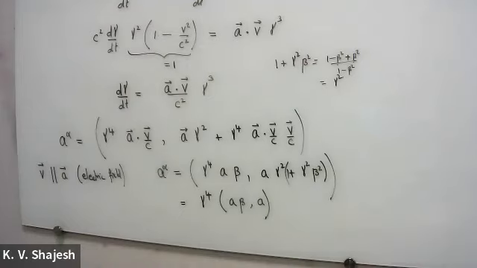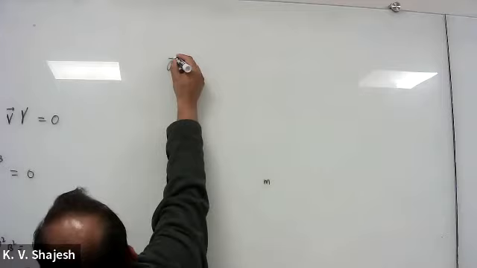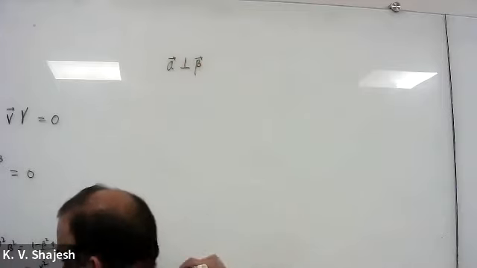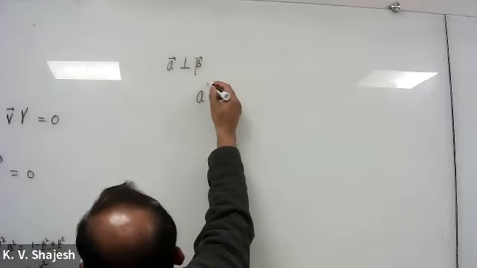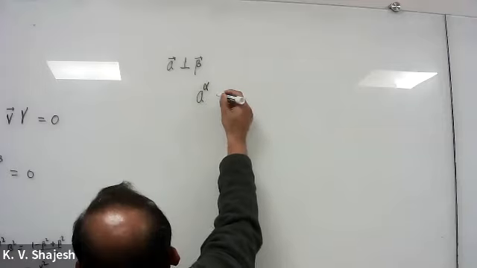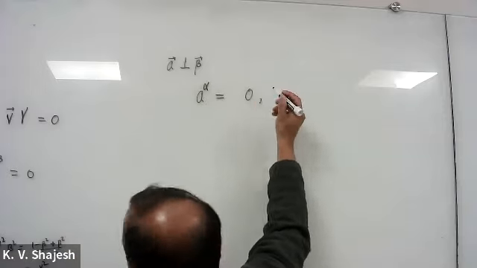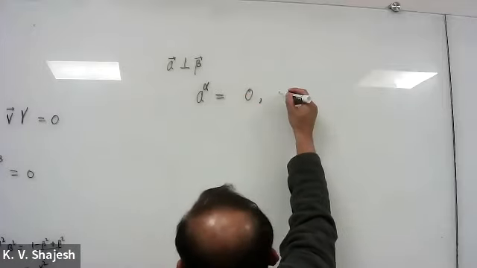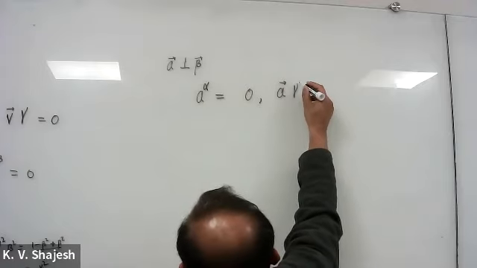A is perpendicular to beta. So A dotted with beta is equal to 0, and this is equal to A times gamma squared.